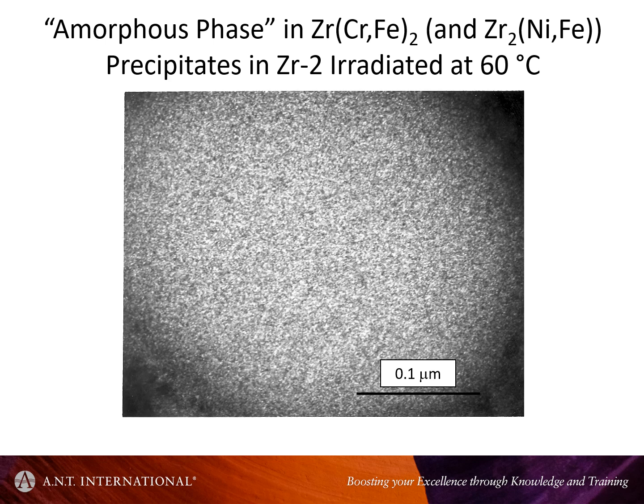When I first joined AECL, we had calandria tubes in the reactor, and they were typically operating at roughly between 60 and 70 degrees centigrade.